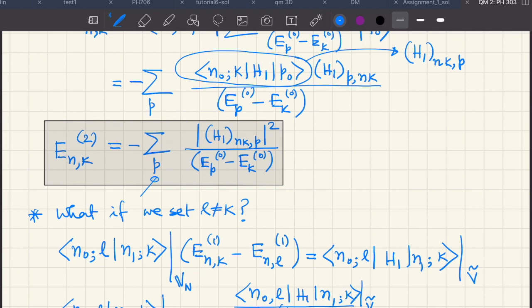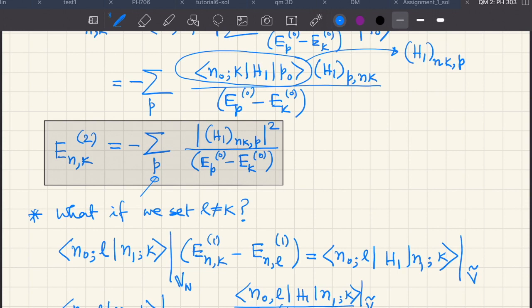That's it. If the degeneracy had not been broken, because we are looking at L not equal to K, then we would have got 0 in the denominator. If L equal to K, then we would have been in trouble. So your degeneracy had to be broken completely at first order.